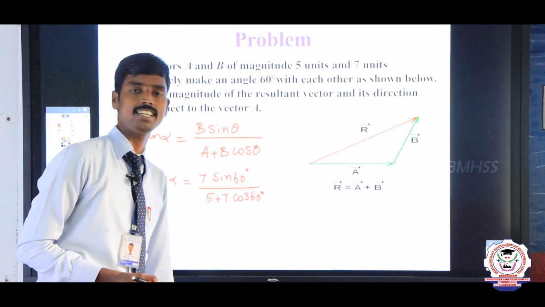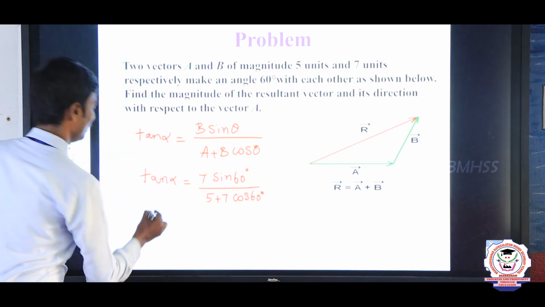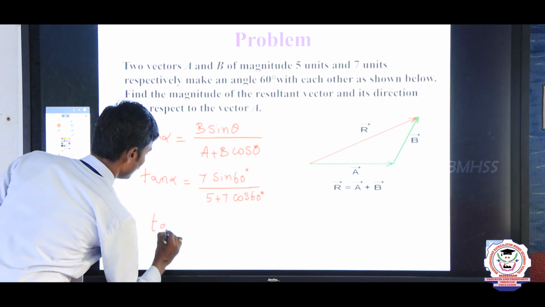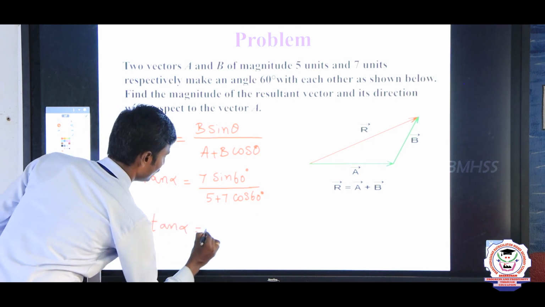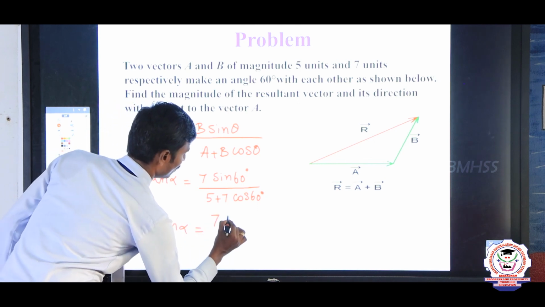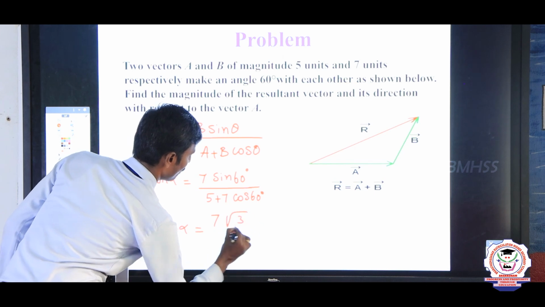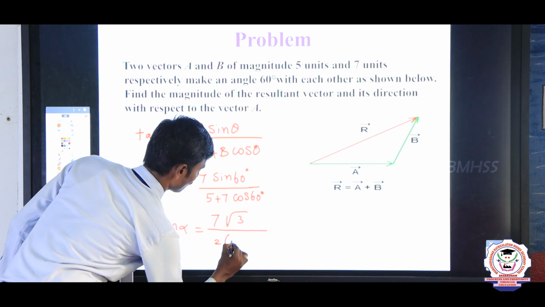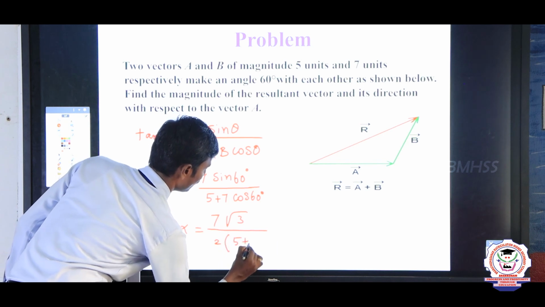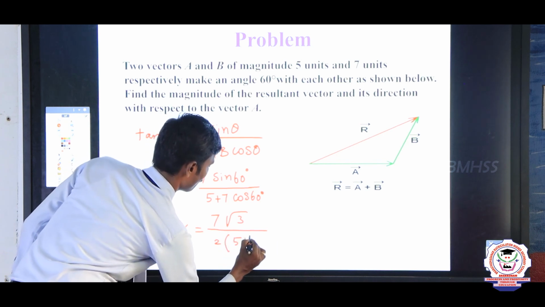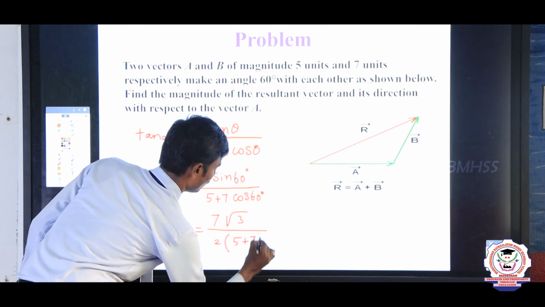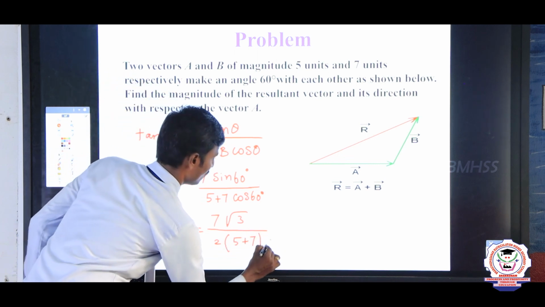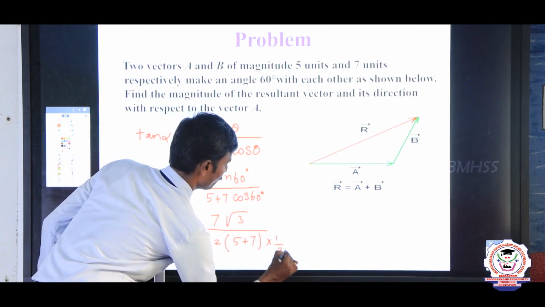What is the value of sin 60 degree? Yes, root 3 by 2. Substitute this value here: tan alpha equal to 7 root 3 by 2 divided by 5 plus 7 cos 60. What is the value of cos 60? Yes, cos 60 value is 1 by 2.